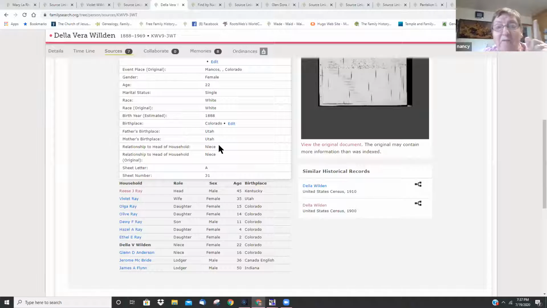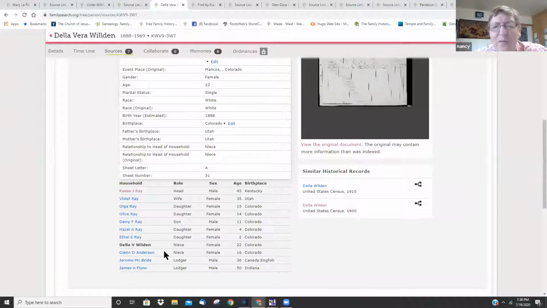Now, because I have a brain, I see something else here that's very interesting. I see that living in the same household is a female who is 16 years old, whose name is Glenn, with a middle initial D, who is also a niece, whose last name is Anderson.